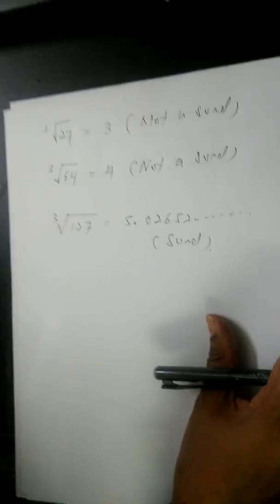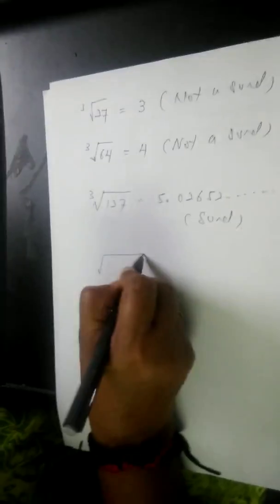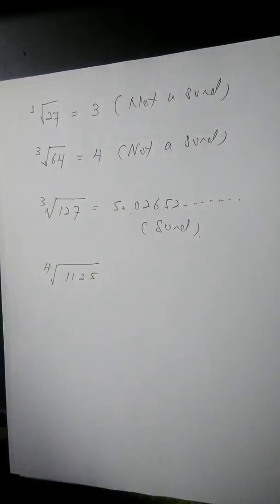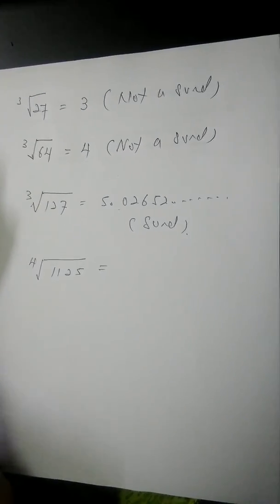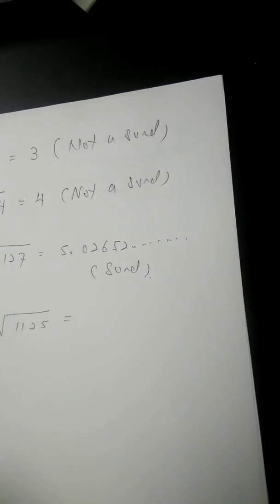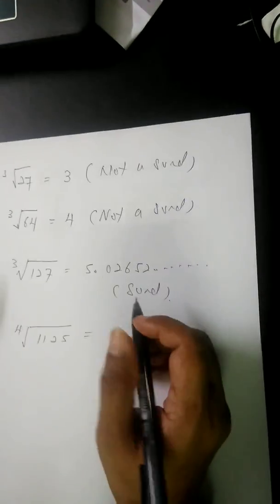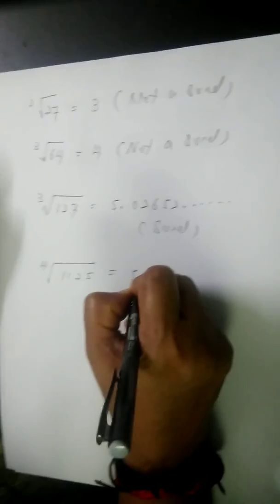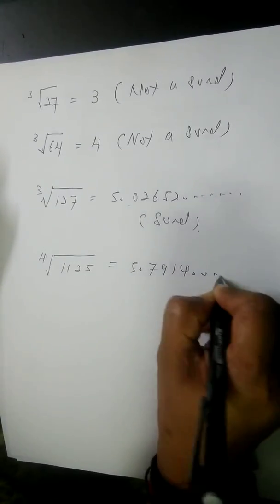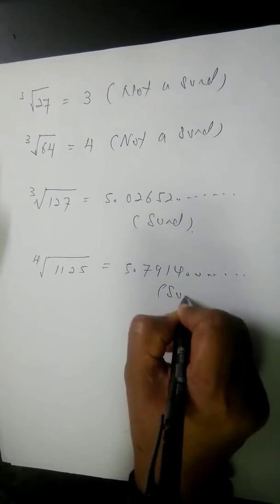We take one more example. Let's say the fourth root of 1125. We'll get 5.7914 and so on. So this is also a surd.